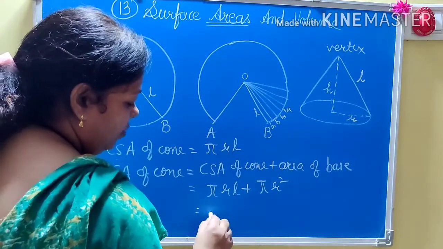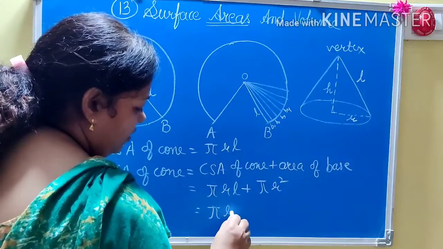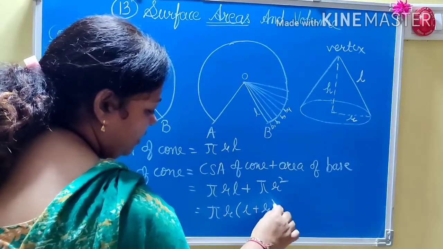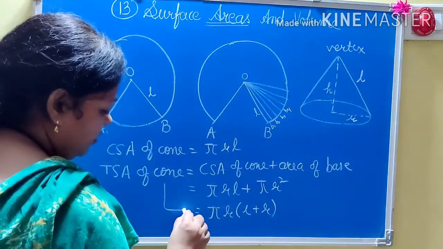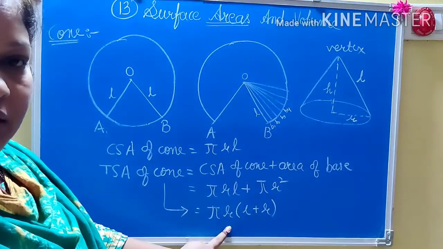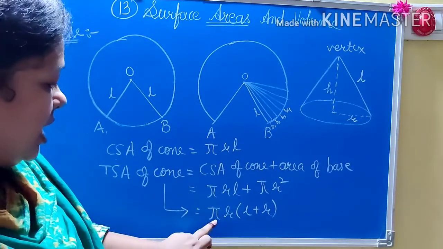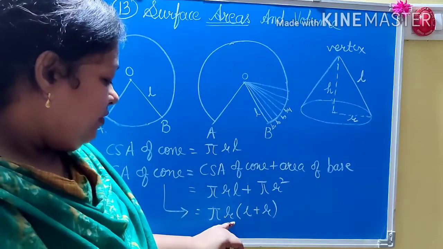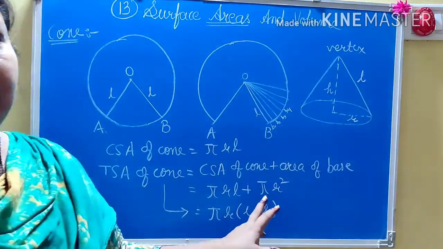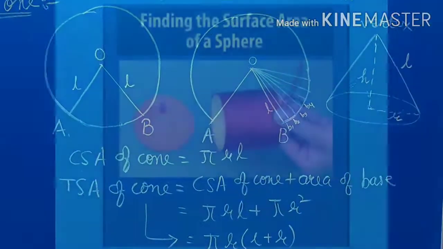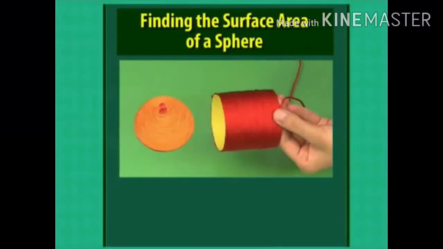Pi and r can be taken common, and what we get in the bracket is L plus r. So the formula for the total surface area of a cone is pi r (L plus r), where r is the radius and L is the slant height of the cone.